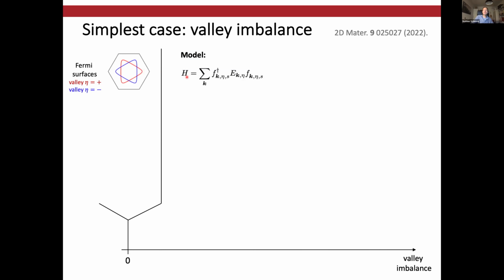We model a non-interacting band structure described by E of K and eta, where eta refers to the two valleys, plus and minus. That also takes into account the Valley imbalance. So here, this is without Valley imbalance, so the two Fermi surfaces in the two valleys are just mirror images of one another. But eventually, we will turn on some Valley imbalance. Then we assume that there's some attractive interaction in the Cooper channel, which we now decouple.